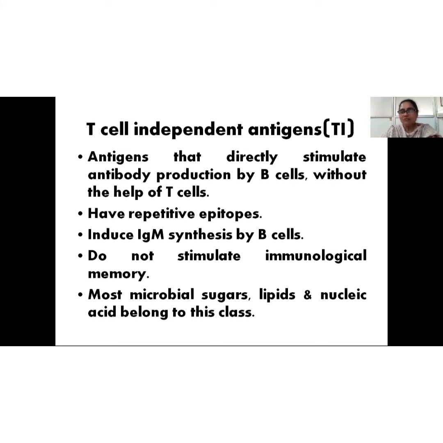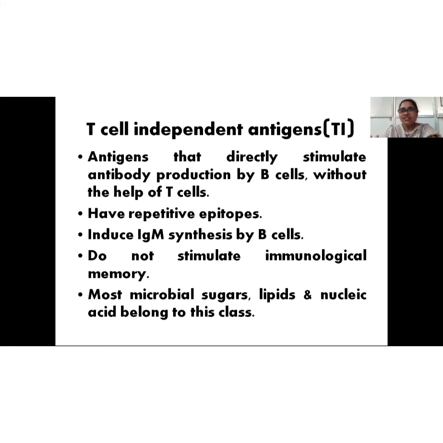There are 5 types of immunoglobulins. If you want to know more about immunoglobulins, you can visit my site where I've uploaded videos on immunoglobulins too. So here, just to keep myself in check, IgM will be synthesized by B cells in the class of T cell independent antigens.